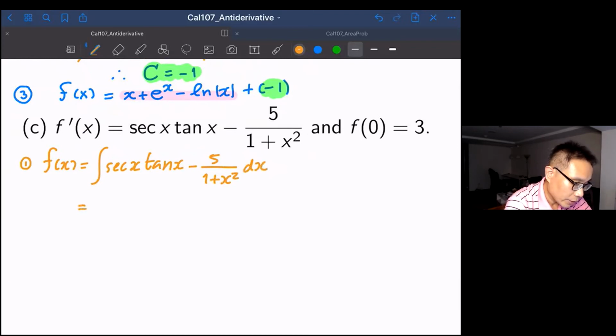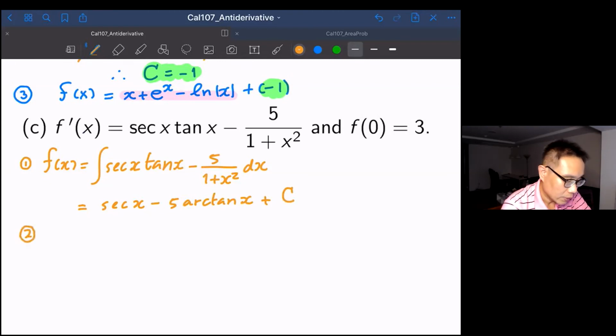You integrate sec tan, you get sec x, integrate 5 over 1 plus x squared, so it's going to be 5 tan x, and you add a constant c.